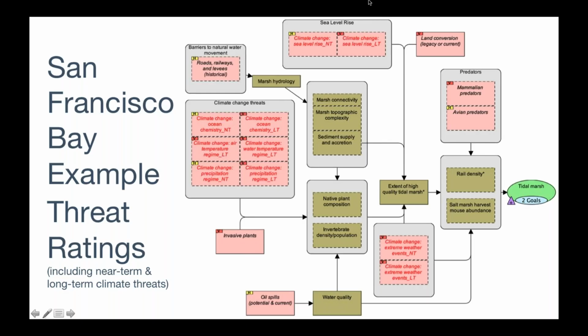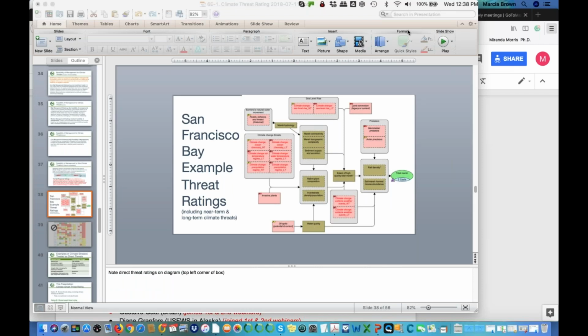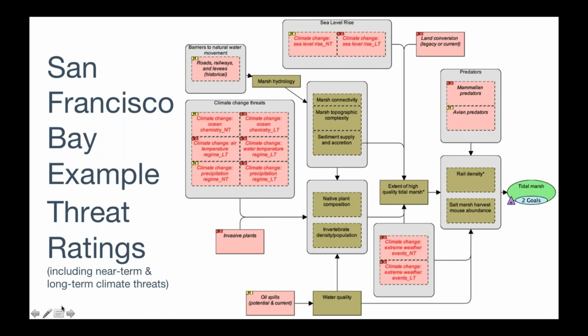So basically, once you've done a threat rating of both the conventional threats as well as the climate threats, you'd end up with something that looks sort of like this. This is an example from the San Francisco Bay U.S. Fish and Wildlife Service complex of wildlife refuges.